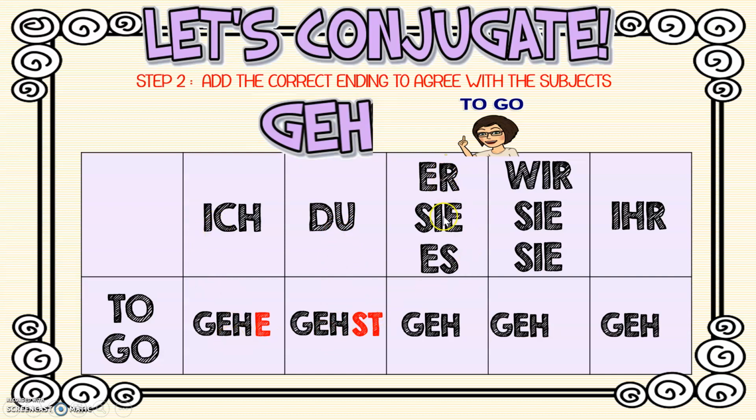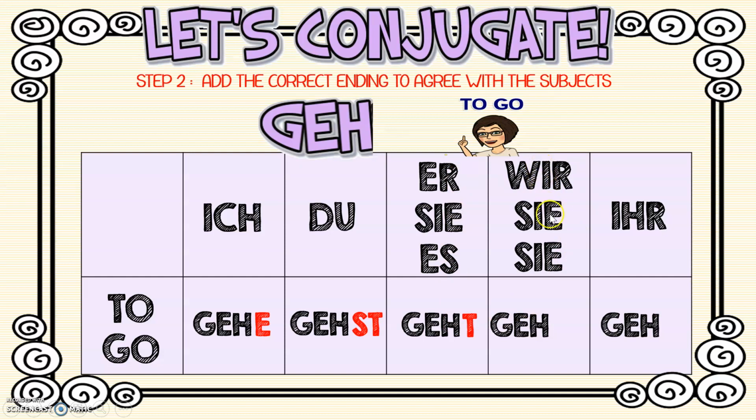He goes. She goes. It goes. Er, sie, es geht. This one you can remember if you think to yourself, he, she, it. The last one ends in T. Geht, sie geht, es geht.